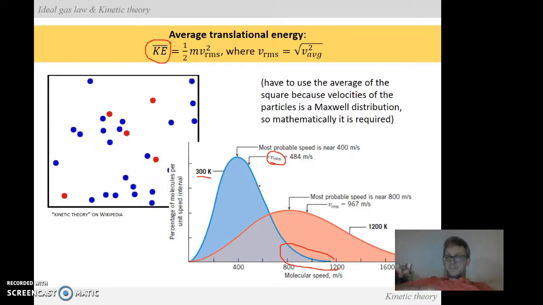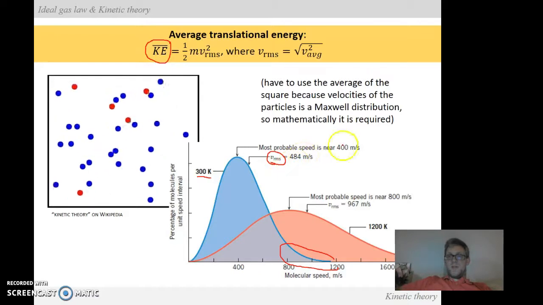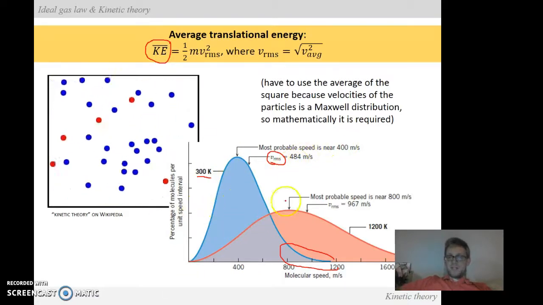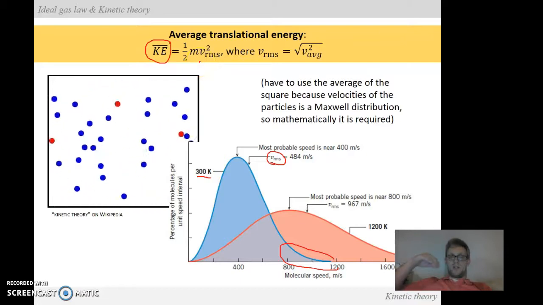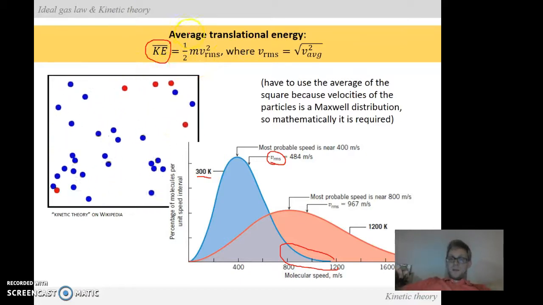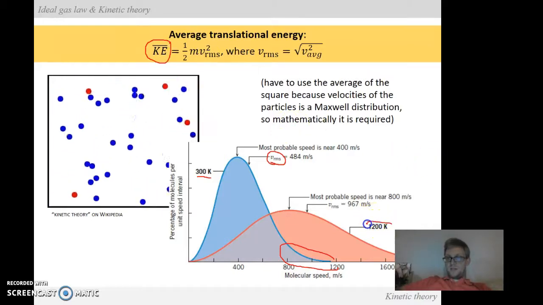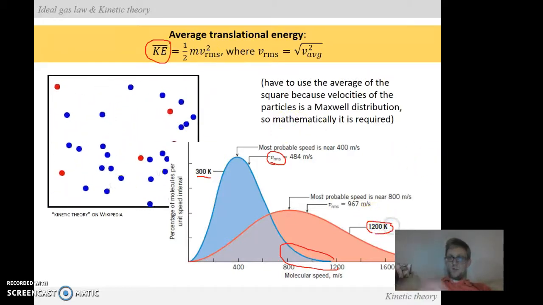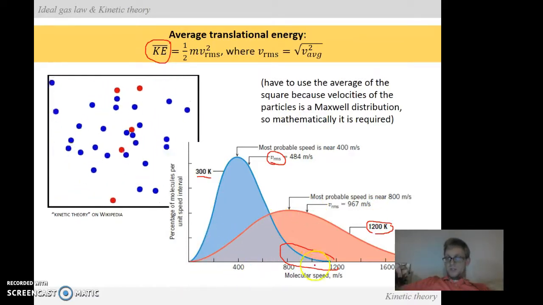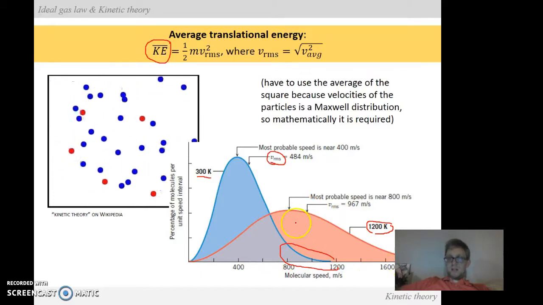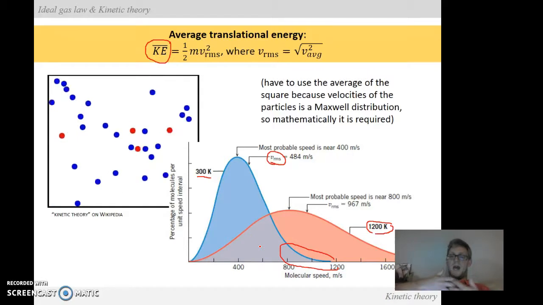Anyway, the point is that with this Maxwell distribution of velocities, we have to use this VRMS in our average translational energy calculation. Now we can notice that as we increase the temperature of our gas, so now we move this to 1200 Kelvin, which is 4 times as hot, we have a broader distribution of velocities, and the velocities are now broadening into the higher range.